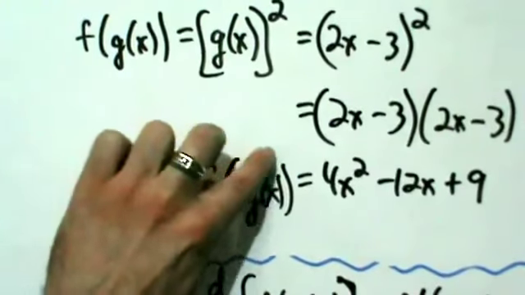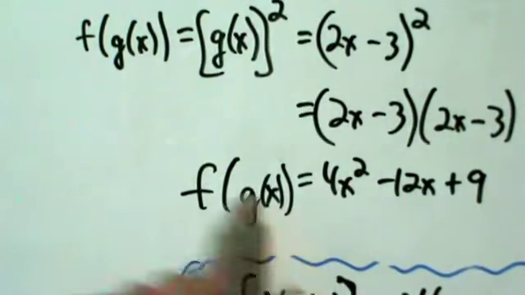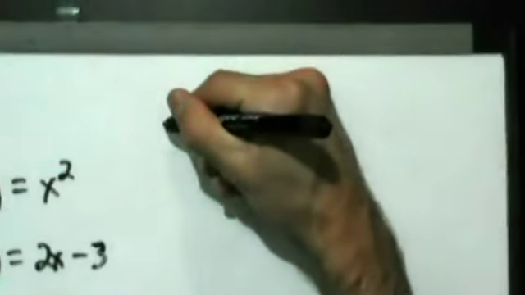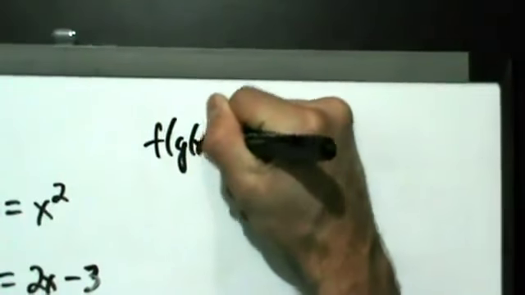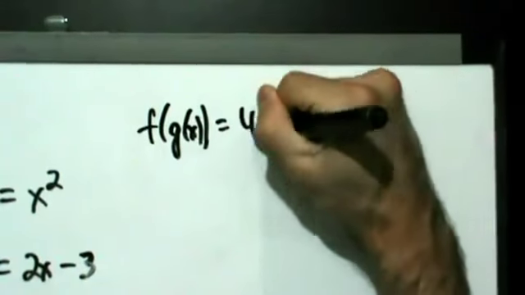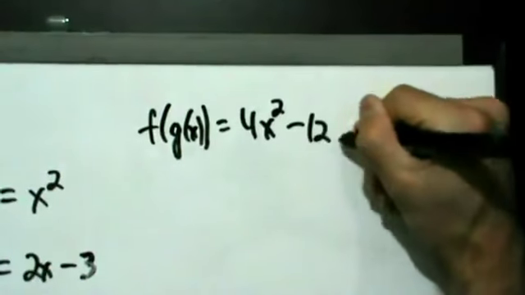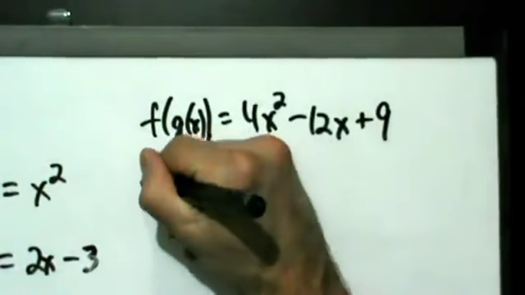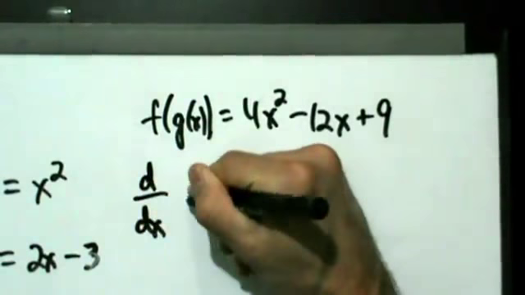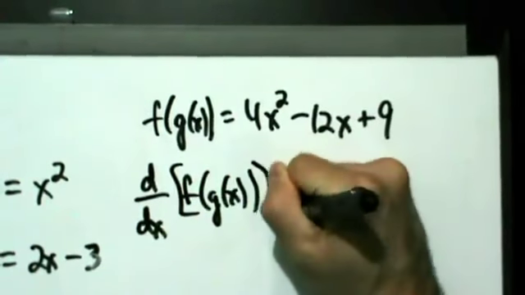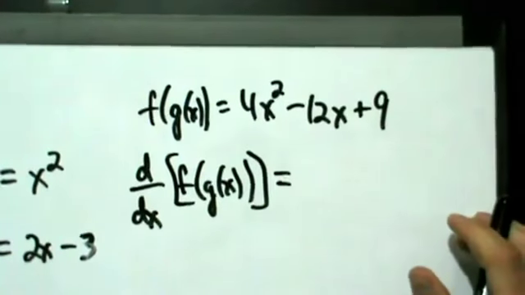Okay, so if we want to find a derivative directly, let's go ahead and come up here. So we'll write it again. f of g of x equals 4x squared minus 12x plus 9. If we want to take a derivative, then d/dx of f of g of x equals what?